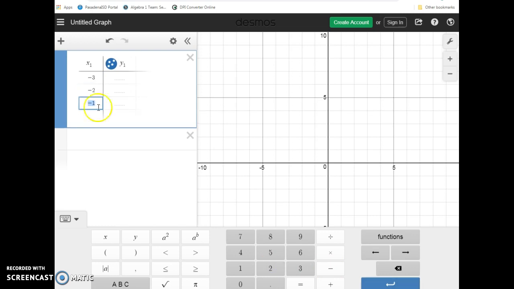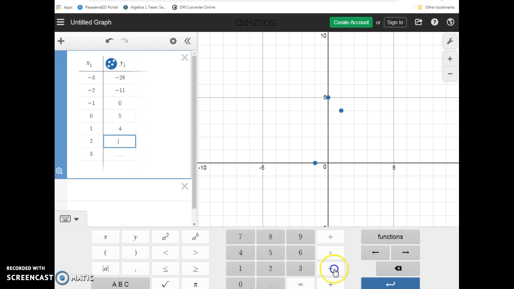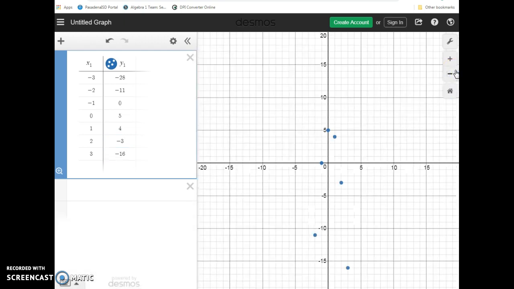And then it starts guessing for you, so you can just type enter, enter, enter. All the way to 3. Then -28, enter. -11. 0. 5. 4. -3. And -16. Zoom out.